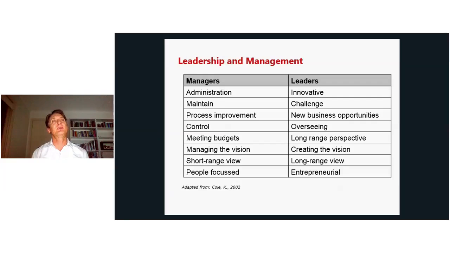And I always say that if you can get those things done, if you can do the administration, the management, the process improvement, if you can manage a whole lot of these things on the left-hand side through great people management, then you really get to start to step up and focus on the leadership side of things. It's very difficult to challenge the status quo, to be innovative, to look at the long-range perspective, to be entrepreneurial. That's a very difficult thing if you're bogged down operationally.